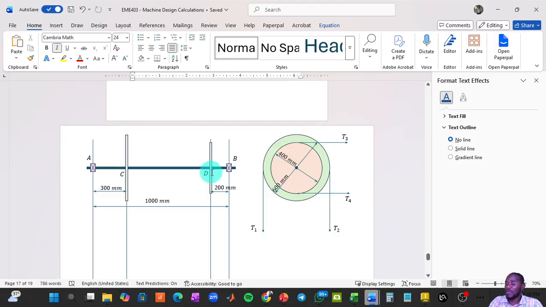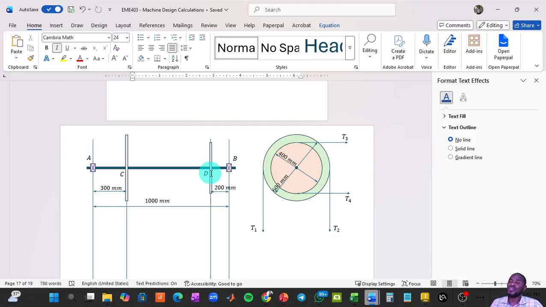At point B, there is a force that is pulling the shaft away from us into the screen, because if you look at it from the end, the directions of this. So at point C, there are vertical forces acting, no horizontal forces. At point B, there are horizontal forces acting, no vertical forces.